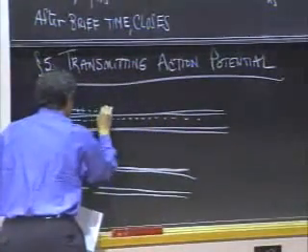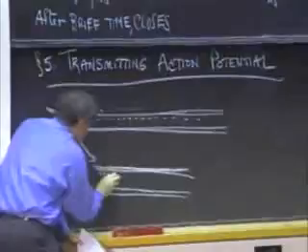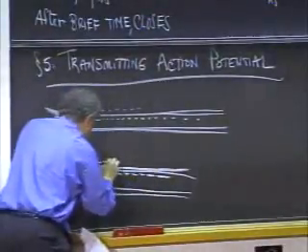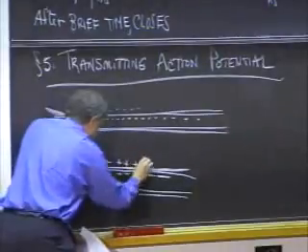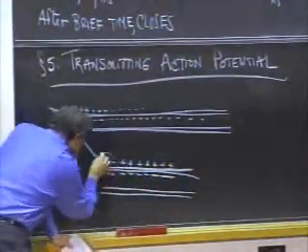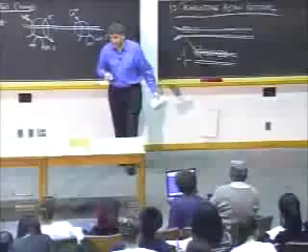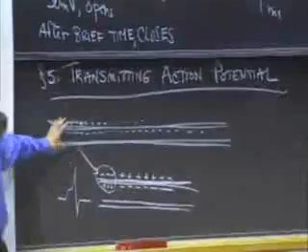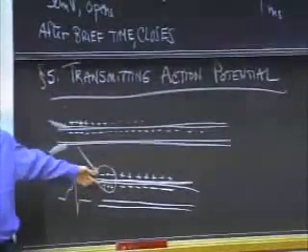Plus, plus, plus, plus, plus. Now, some little patch of membrane at the beginning of the axon has become positive inside, right? Because whatever local effect here caused this to flip.